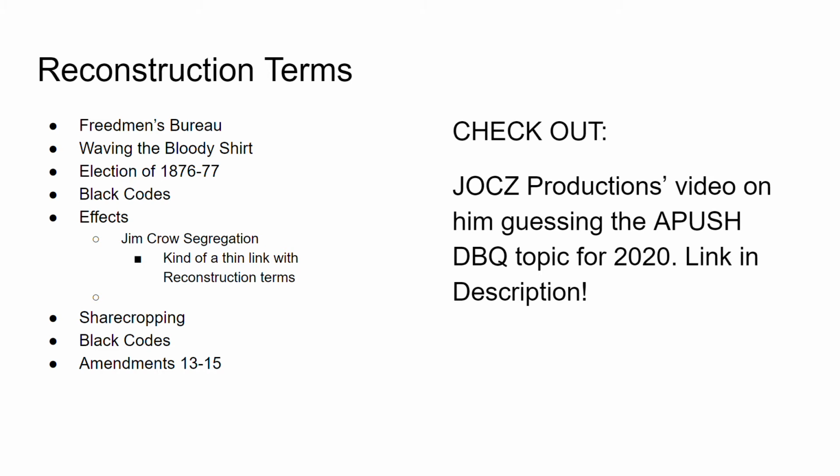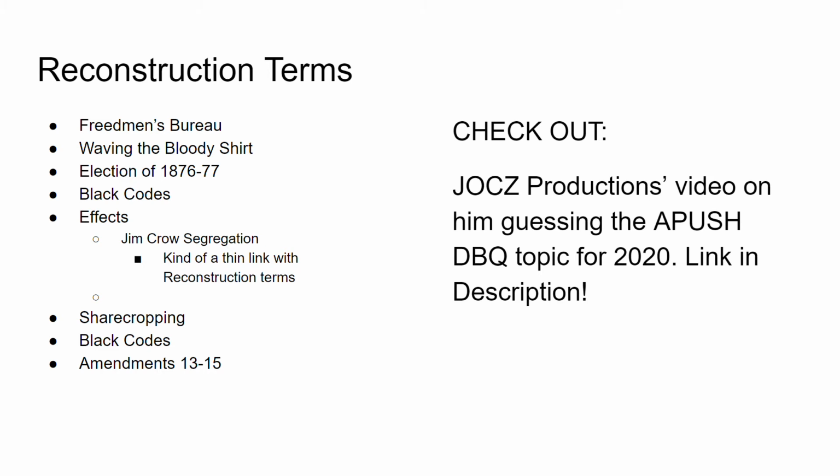They would pay them, but it would be so little, and African Americans would be forced to give up their crops to the landowner. So it was essentially a form of tenant farming, and there was very little change.